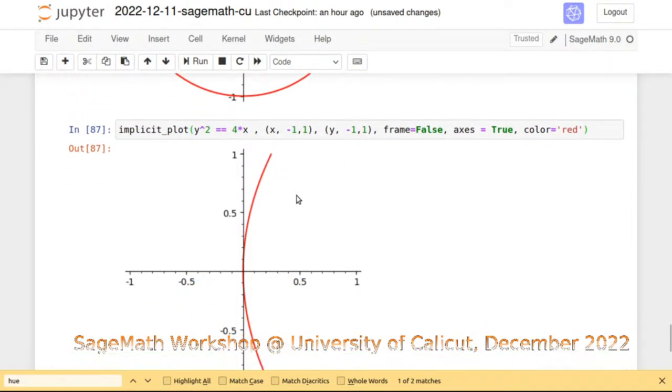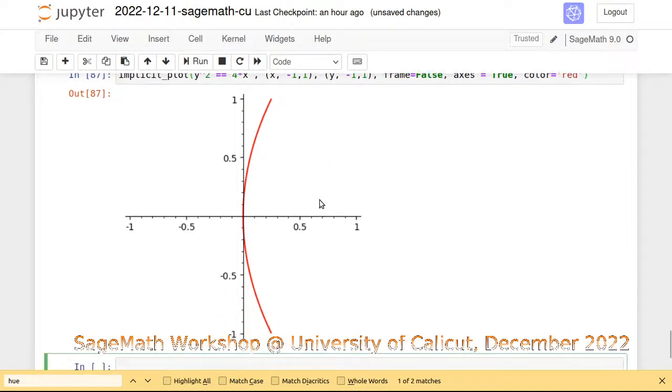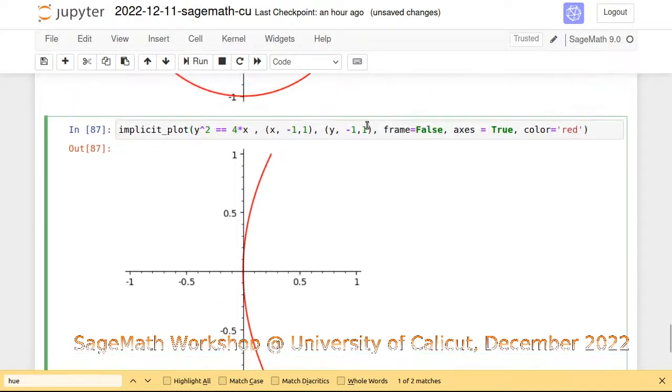It shows only part of the parabola, so otherwise you need to extend this y and x. For y square equal to 4x, x is always positive, so only y you need to increment.